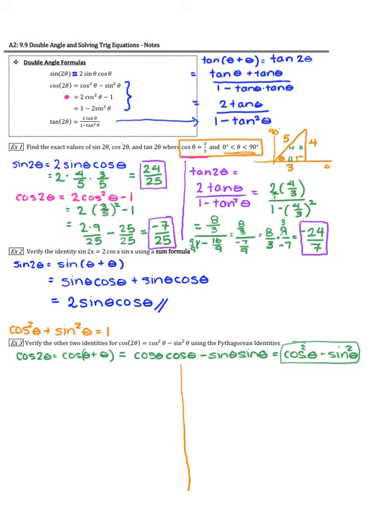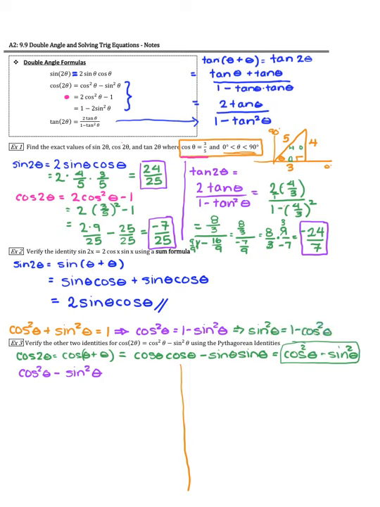Okay, so let's work this out. Let me rewrite my cosine squared theta minus sine squared theta here. So what I'm going to do for the first one is, remember you had a little grid where we isolated a different variable each time. So if I isolate the cosine squared, that equals 1 minus sine squared. And if I isolate sine squared, I get 1 minus cosine squared.